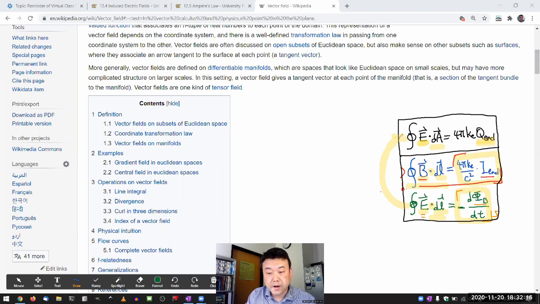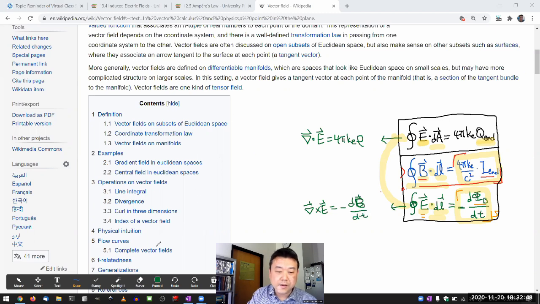The differential form of Gauss's law says the divergence of the electric field, the vector field, is equal to 4 pi Coulomb constant times the charge density. And the differential form of Faraday's law says the curl of the electric field is equal to minus the rate of change of the magnetic field. So when you write down the differential form, the mathematical difference between the two becomes much clearer.